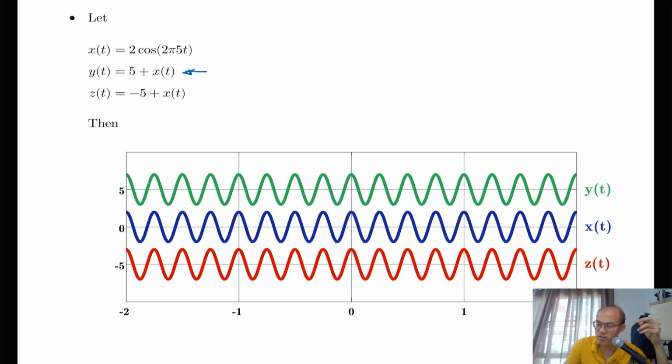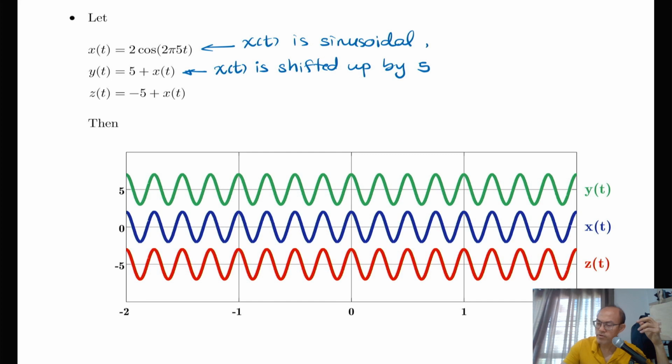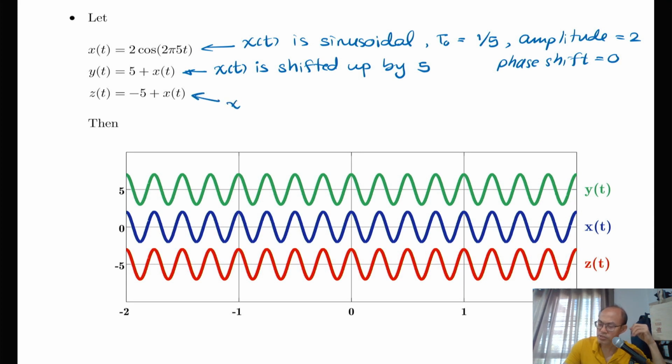This means that x is shifted up by 5, and x is sinusoidal with period of 1/5 and amplitude 2, and then phase shift is 0. And z is x shifted down by 5.